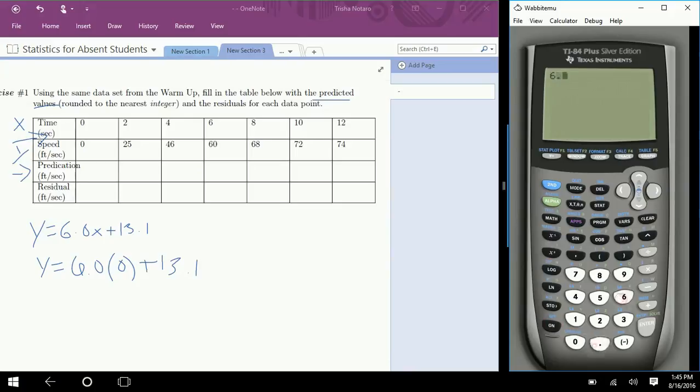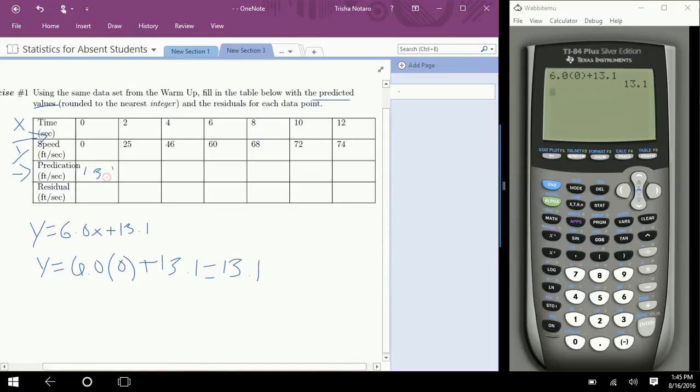But remember, you can put everything right into your calculator: 6.0 times 0, use parentheses just in case you get negatives, plus 13.1, and that gives us a nice 13.1. So I'm going to put that 13.1 right in here.